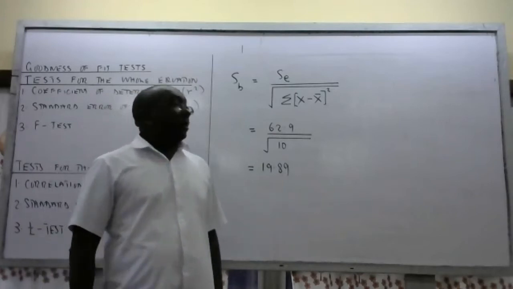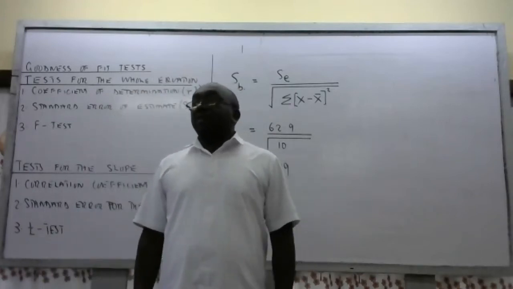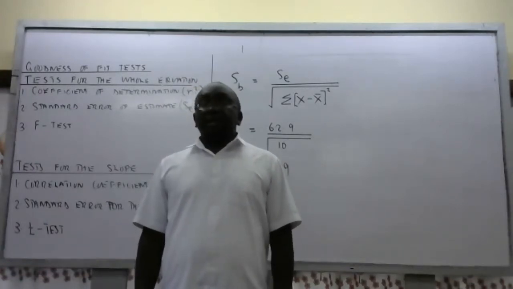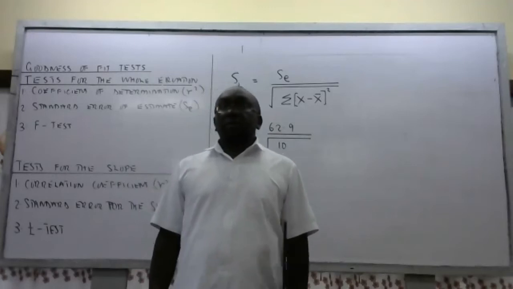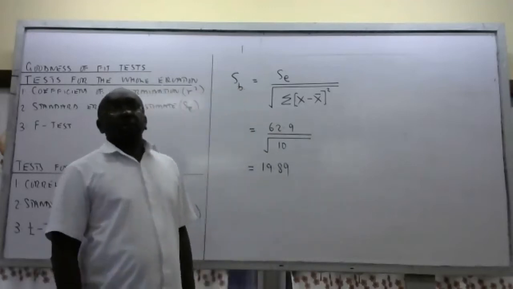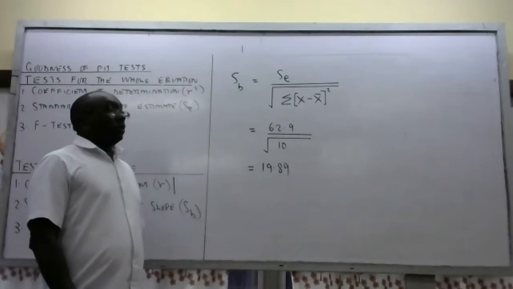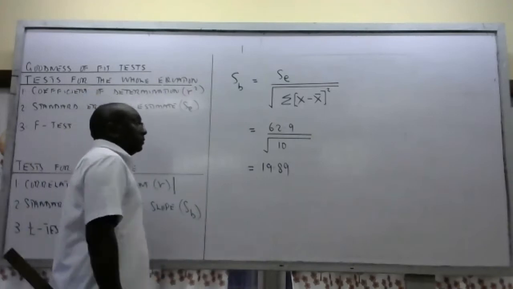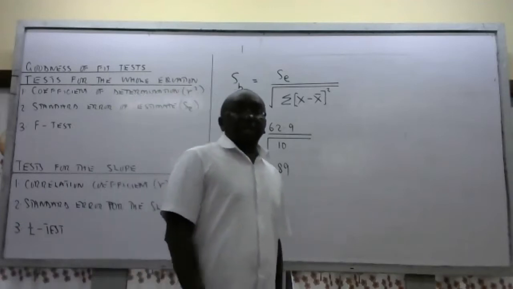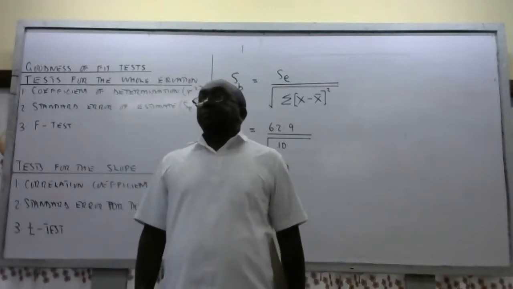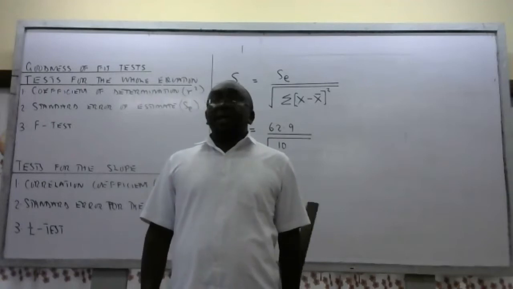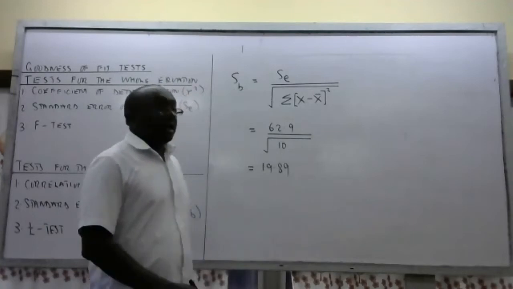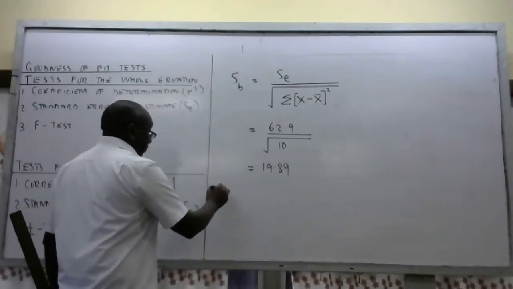Then below that, this value is then used to determine the confidence interval for the slope as follows.